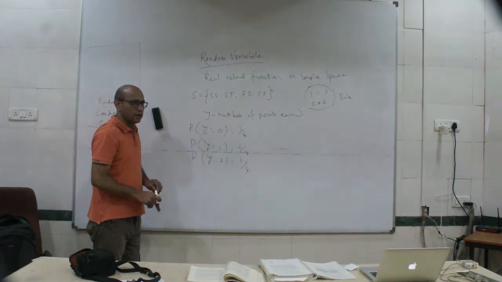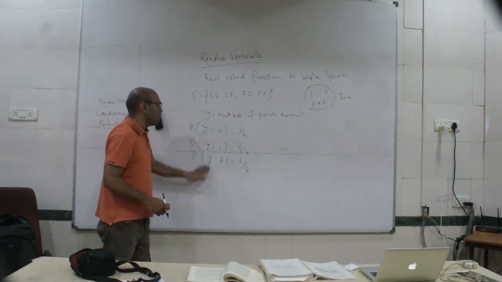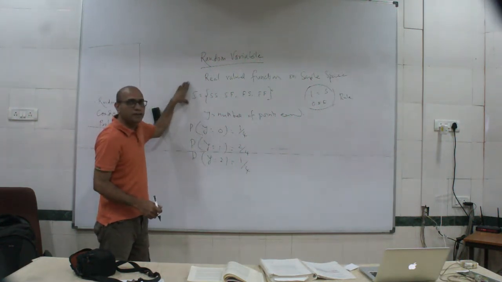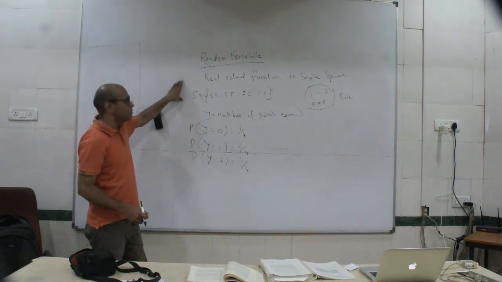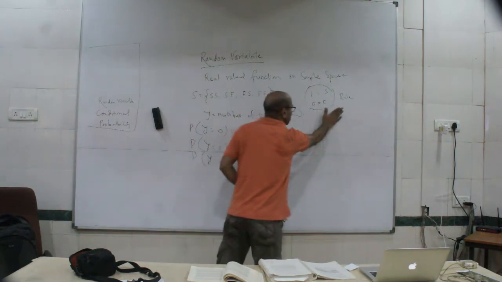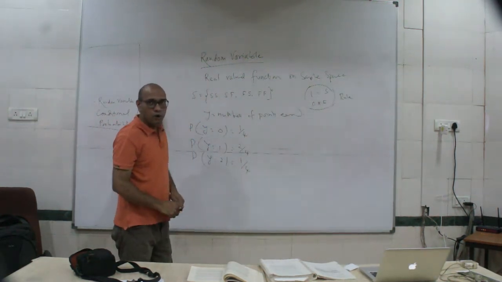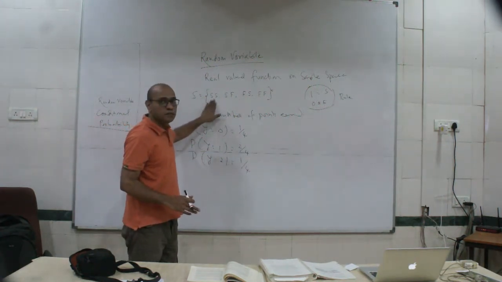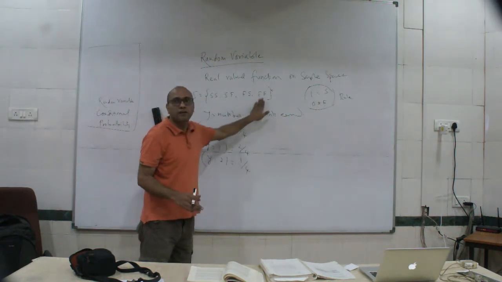Now, what am I doing? Probability of, what is Y? Y is number of points earned. Is this number of points earned there in the sample space? No. This happened when I applied some rule to the sample space. So now I'm not talking about probability of 2 successes or SF or FS or FF.